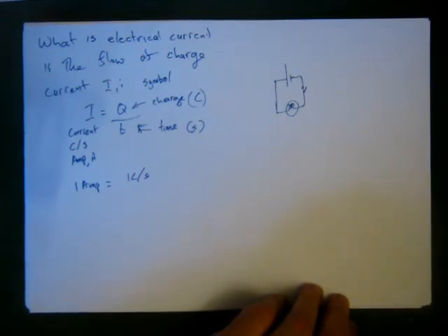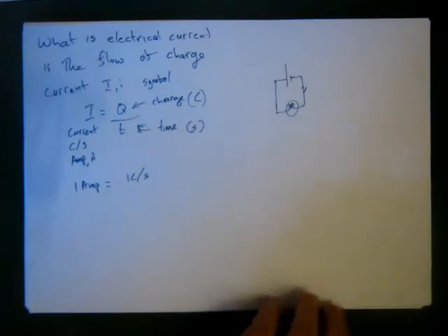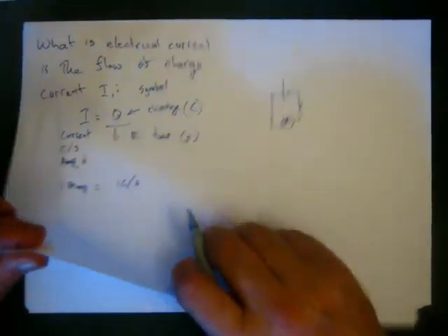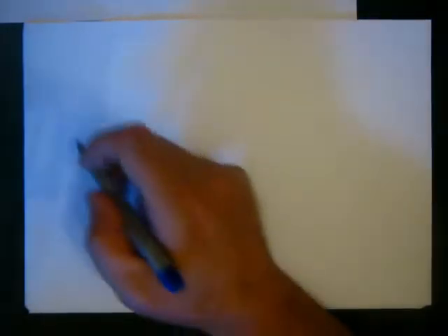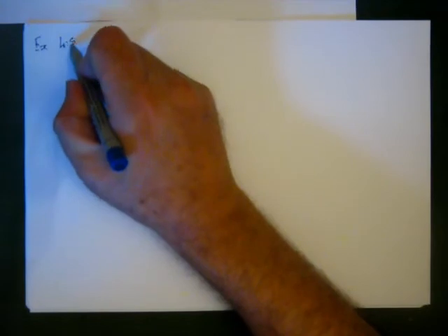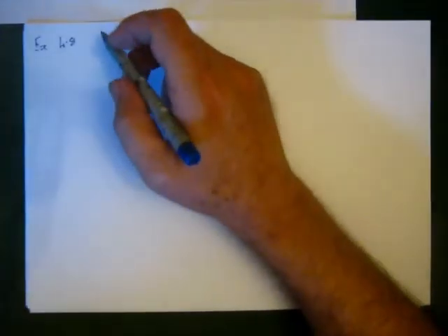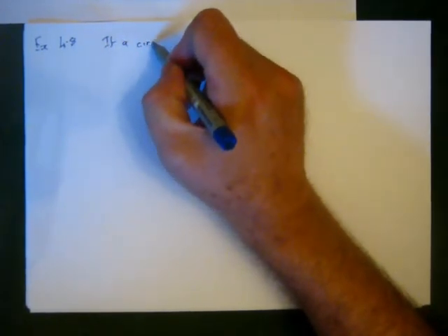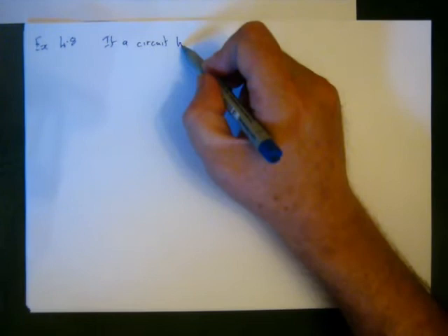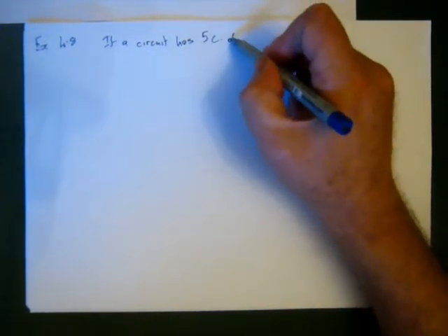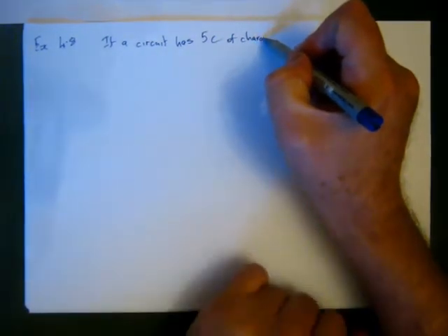Okay, so let's try example 4.8, which is a circuit that has 5 coulombs of charge passing every second.